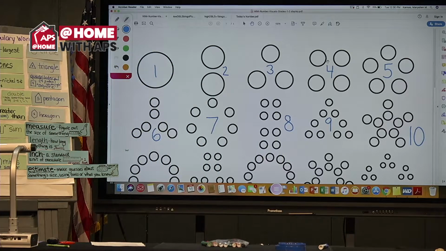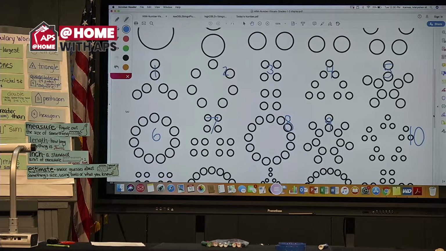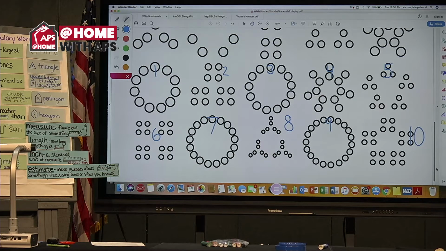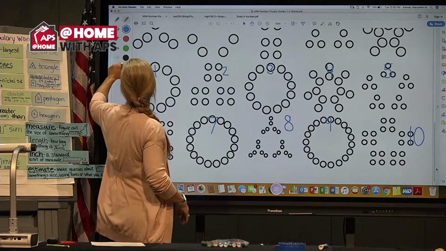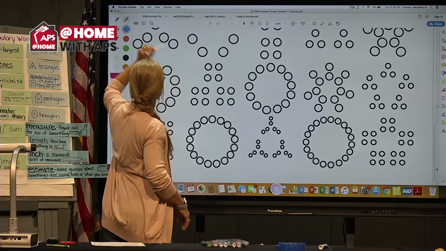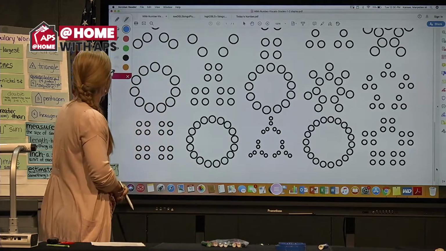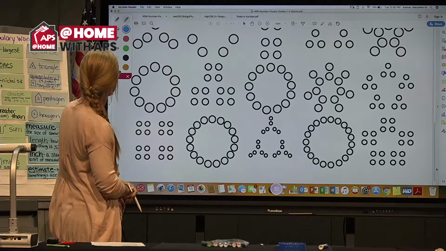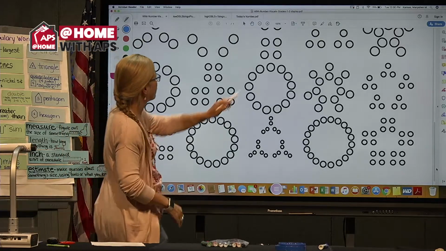Let's scroll this up. So we can see these patterns that, oh, that's not going to work, is it? So we'll have to relabel those when we make it small enough to see them all. Okay, so we had all the way to 10.